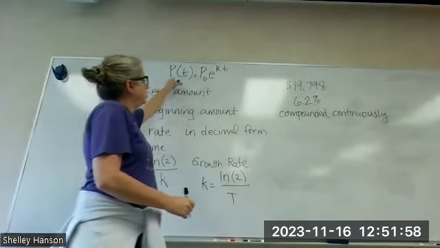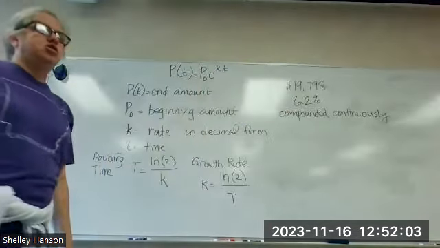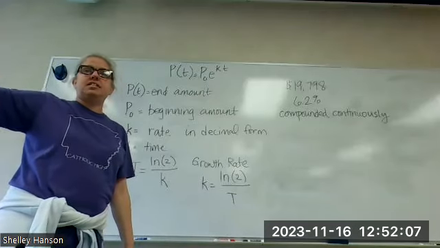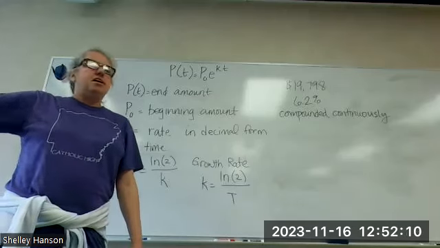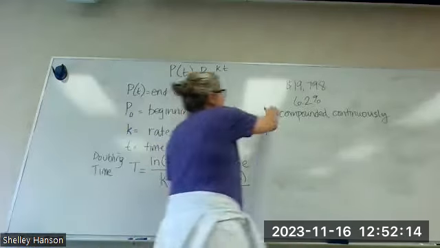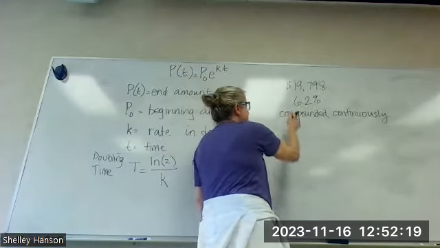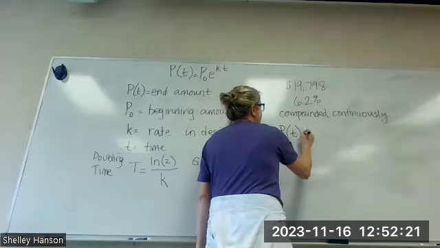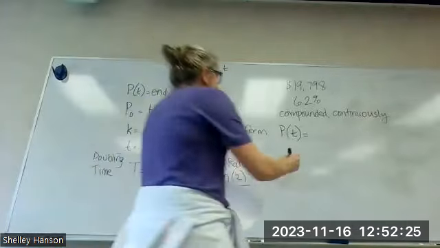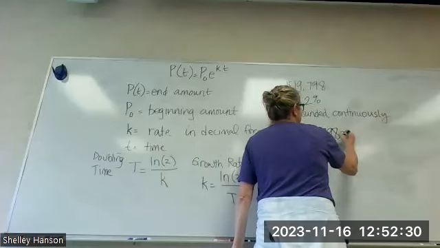Okay, so the first thing we're going to do is find the formula that is going to tell us how much money we'll have in this account in how many years. So I don't know the end amount. I know the beginning amount and the rate. So P of T equals, what's your beginning amount? $19,798.